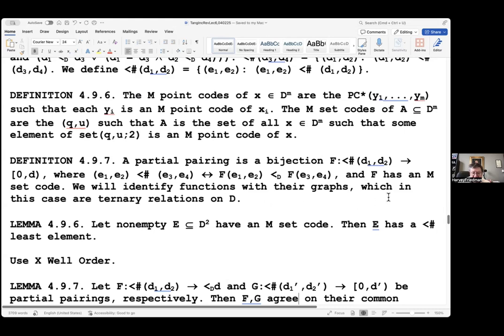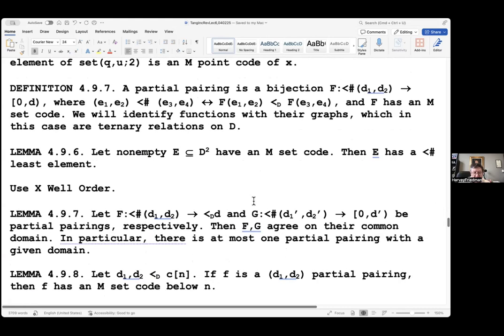And we'll identify functions with their graphs, which in this case are ternary relations on D. All right. If E is non-empty and has an M set code, then E has a less than sharp least element. That's clear because Lexmax is going to be well-founded. The well-foundedness is inherited.